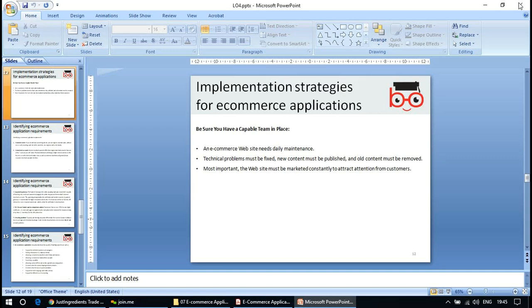So marketing should be done regularly by your capable team, as well as any bugs or fixes, which must be done immediately. Obviously, if there are continuous bugs, and for example items are not being shown to the customers very well, and they are unable to browse a particular category, and you won't be fixing it, then a customer would definitely go away.